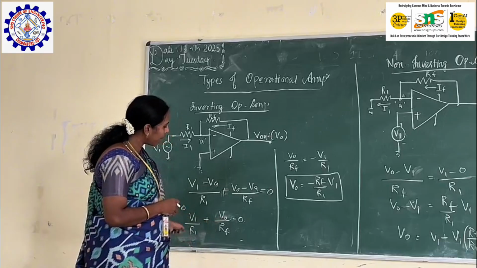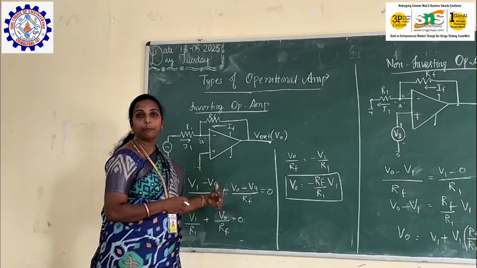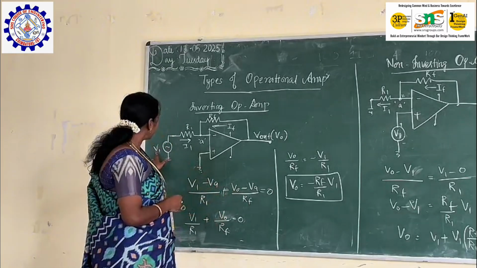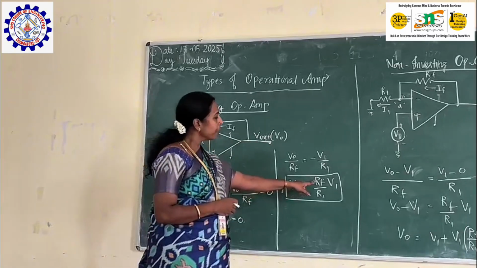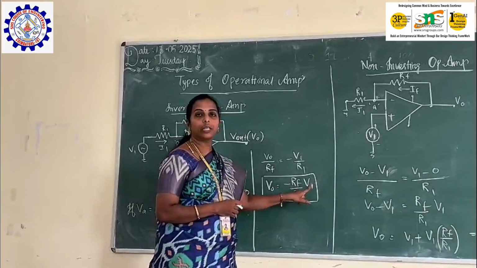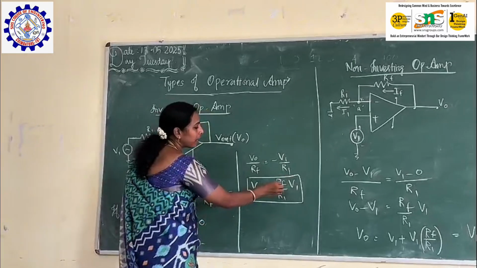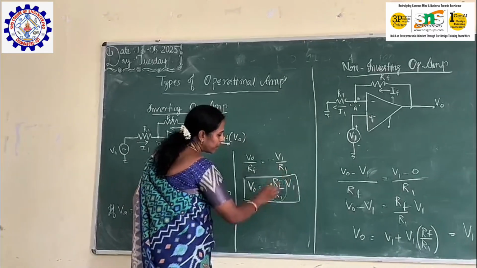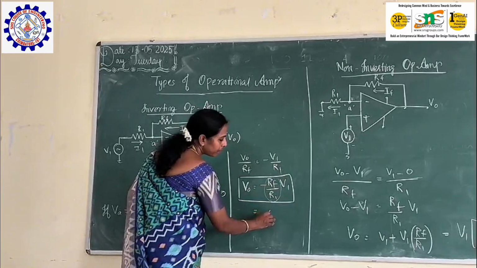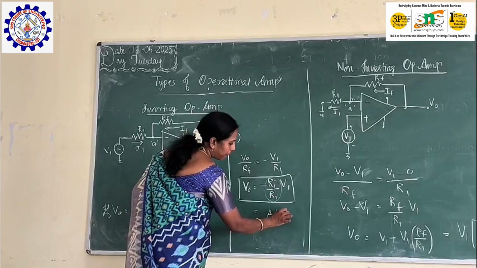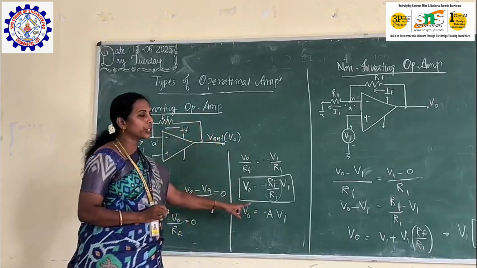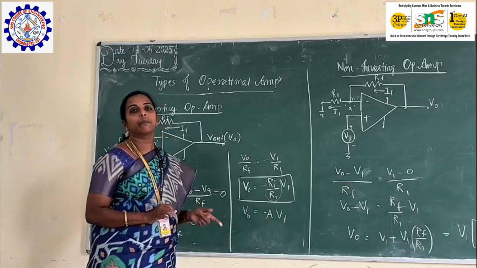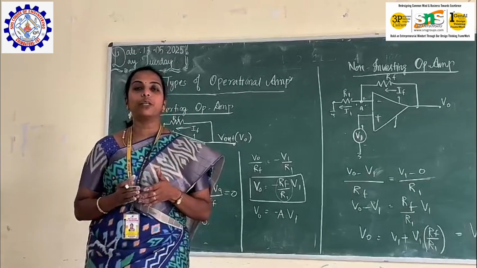Now our aim is to find the input-output relation. Input is V1, output is V0. From this, V0 is equal to minus RF by R1 into V1. This RF by R1 is known as the gain of the amplifier. So if it is an inverting operational amplifier, the output will be minus A into the input voltage.